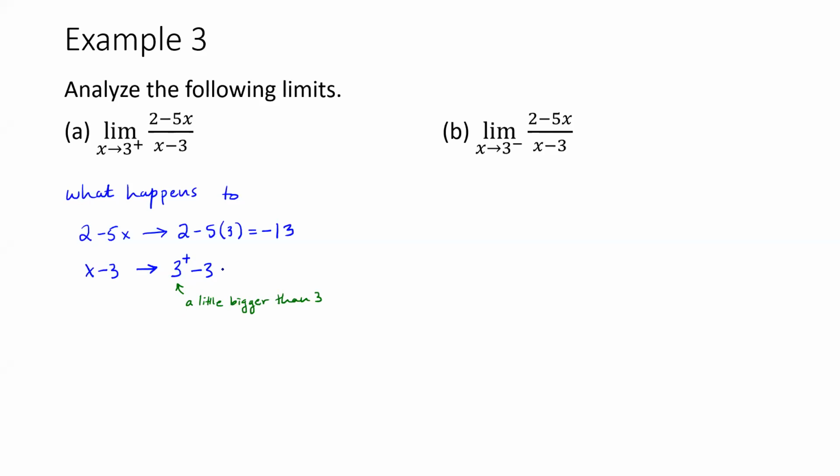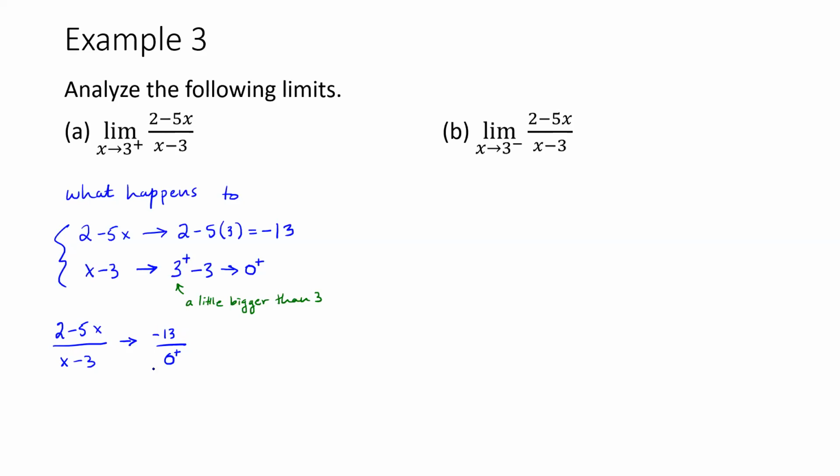So this is really approaching 0, but from the right side. Okay. So with that, we have that (2 minus 5x) over (x minus 3) is going to be approaching negative 13 over something that's approaching 0 from the positive side.